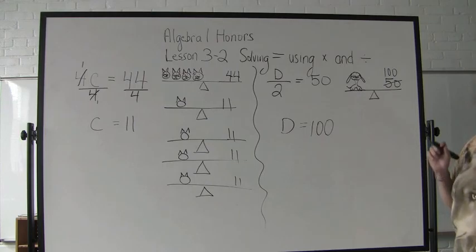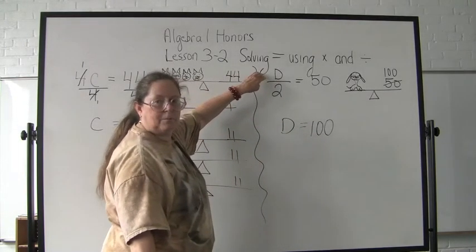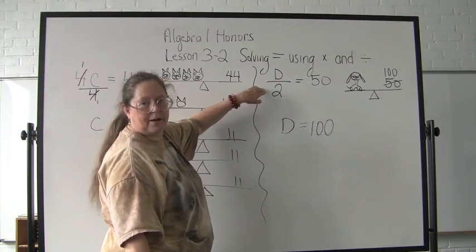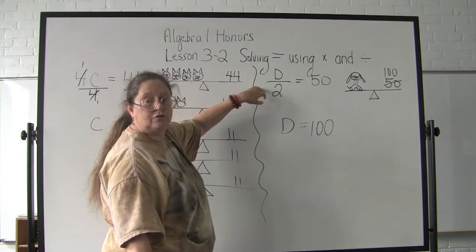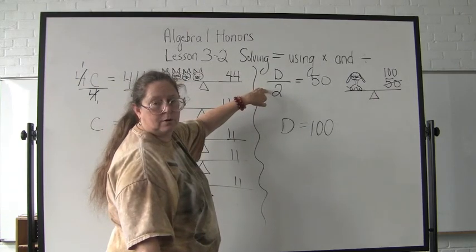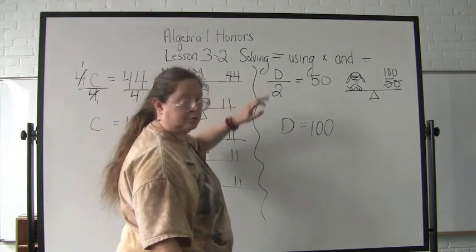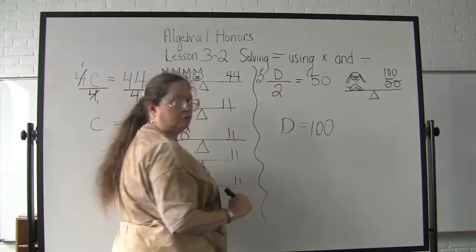Okay? Now, algebraically, the way you want to think about this is, I have a variable divided by a number. So to undo division, I want to multiply. So D divided by 2, to undo the divide by 2, I want to multiply by 2. So I'm going to put my 2, my little dot there.